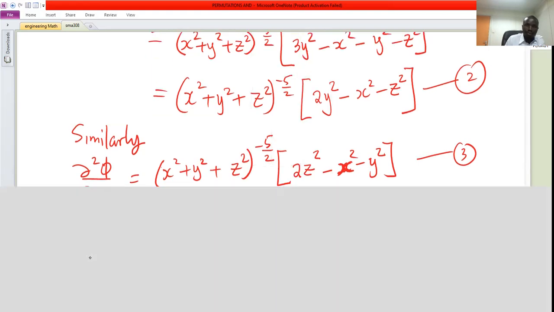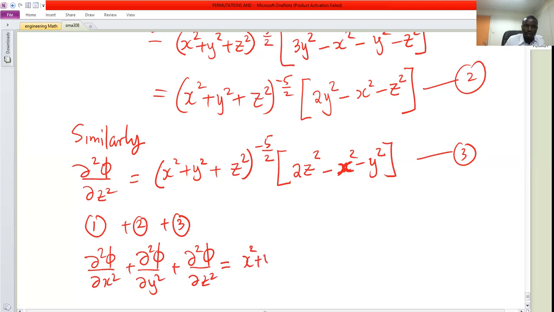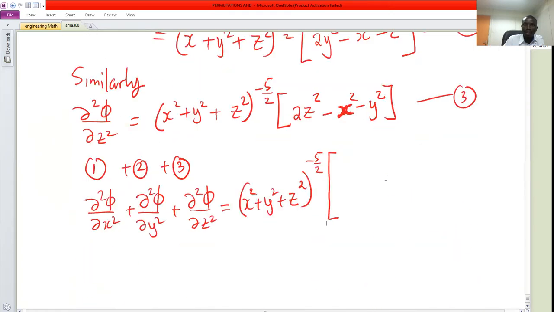So remember, this is what we have as the partial squared of phi over partial x squared, partial squared of phi over partial y squared, partial squared of phi over partial z squared equals to, so I factor out this factor, x squared plus y squared plus z squared raised to minus 5 over 2 into the first one for x in equation 1, we have 2x squared, and then the others are subtracted.